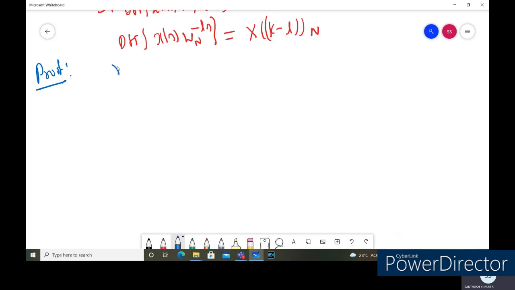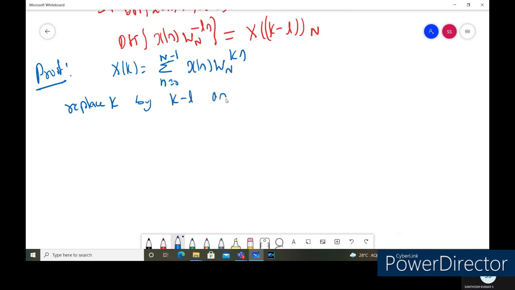So X of k is equal to the summation n is equal to 0 to N minus 1 of x of n into omega to the power of k into n. Since in the proof we want X of k minus L, we are going to replace k by k minus L on both sides of the equation.